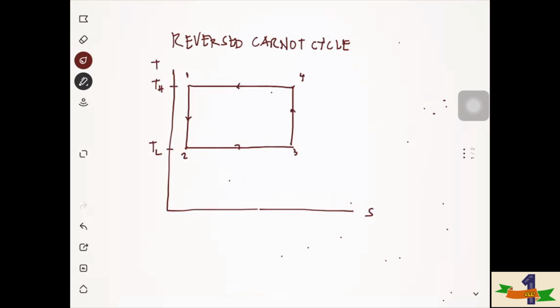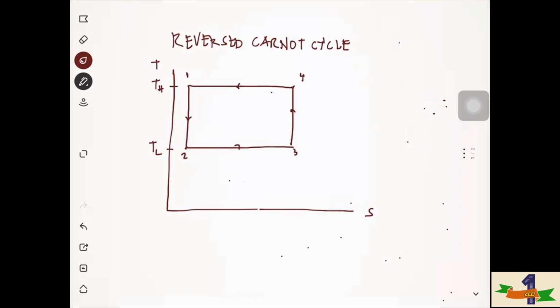So it is considered a reversed Carnot cycle since in the thermal engine we introduced the Carnot cycle based on the second law of thermodynamics. Know that it states that there is no machine that has 100% efficiency.